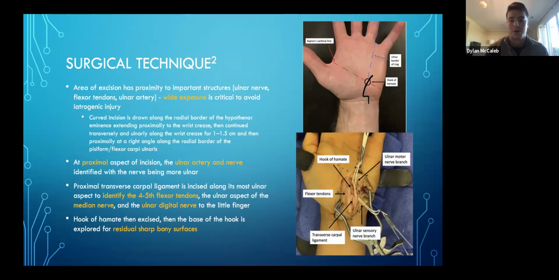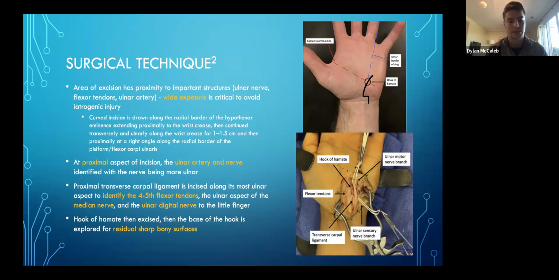It was recommended to work proximally to distally to initially identify the ulnar artery and nerve. And then as you move distally, identify the ulnar sensory nerve branch after Guyon's canal, which moves ulnarly, as well as the deep motor nerve, which moves radially, as well as identifying the fourth and fifth flexor digitorum tendons, then the ulnar aspect of the median nerve as it exits the carpal tunnel.